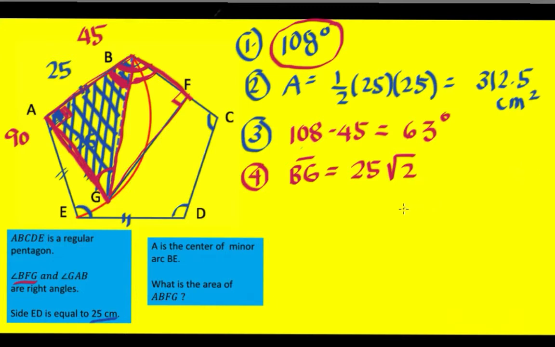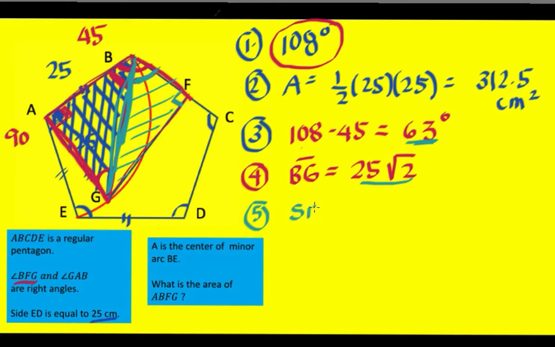45-45-90 right triangle. So knowing the length of this side, let's use a different color. And so by knowing now the length of this side is 25 square root of 2, and this angle is 63 degrees, and our triangle is a right triangle, then we can now use right angle trigonometry in order to find the area of this other triangle. So we need to know first the length of FG. Notice that with respect to this angle, which has a measure of 63 degrees, this is the opposite side, and BG is the hypotenuse.